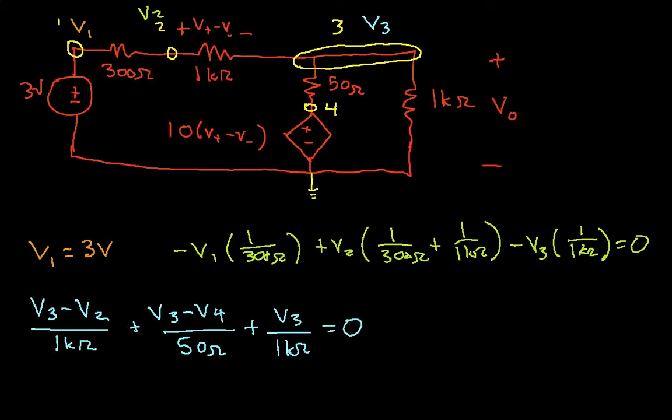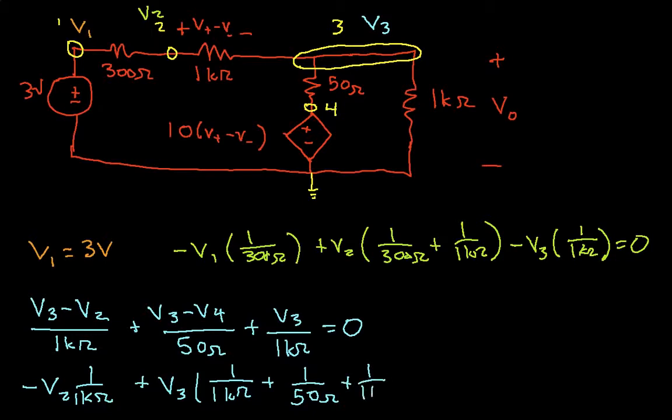Okay, so we can simplify this a little bit to say then minus V2 over 1k ohm plus V3 times (1 over 1k ohm plus 1 over 50 ohms plus 1 over 1k ohm) minus V4 times 1 over 50 ohms. And this is equal to 0. Okay, so that's the equation we get from node 3.